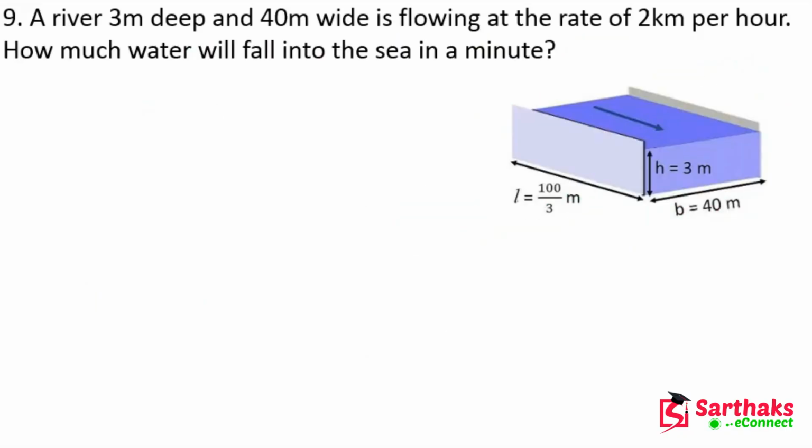Yes, so the next question is: a river 3 meter deep and 40 meter wide is flowing at the rate of 2 km per hour. How much water will fall into the sea in a minute? Okay, now water is flowing in a river at the rate of 2 km per hour.